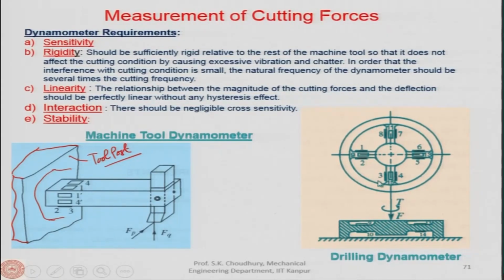One is the torque and the other is the thrust force, which helps the penetration of the drill into the workpiece. Now, the thrust force applied like this will be sensed by the sensors located after 8, that is 9, 10, 11, 12, 13, 14, 15, 16, because when the thrust force is acting, it will be vertical to this.